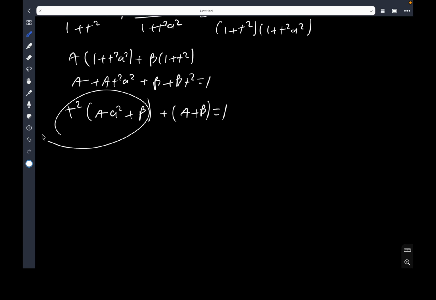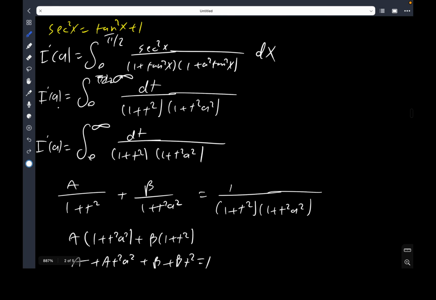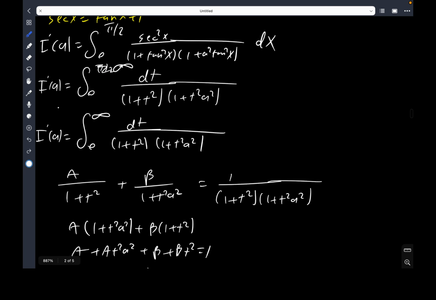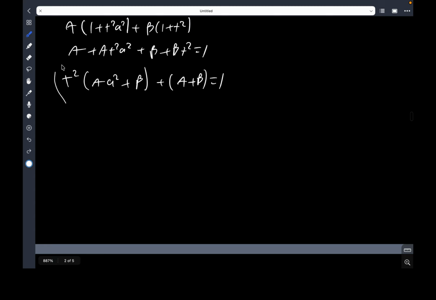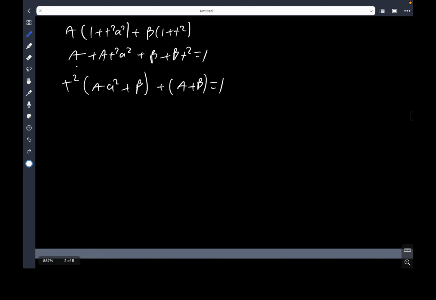Now, I don't have a t squared term in here, and I only got 1. Thus, this t squared coefficient should be 0. So A a squared plus B equals 0, and B equals negative A a squared, and A plus B equals 1.